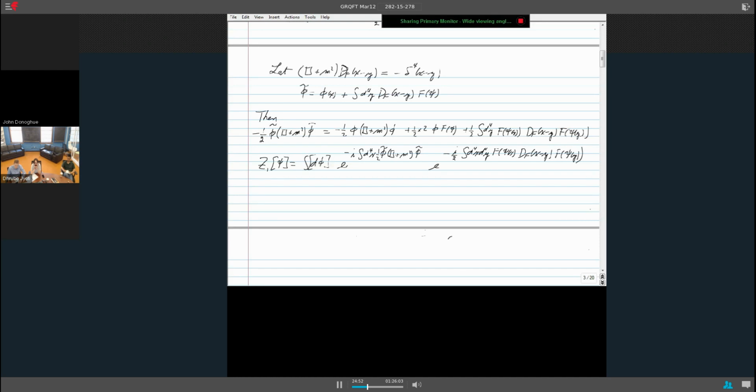And then the second exponential is e to the minus a half integral d4x d4y f psi at x, df x minus y, f psi at y.